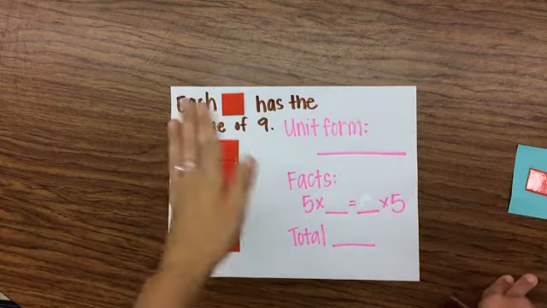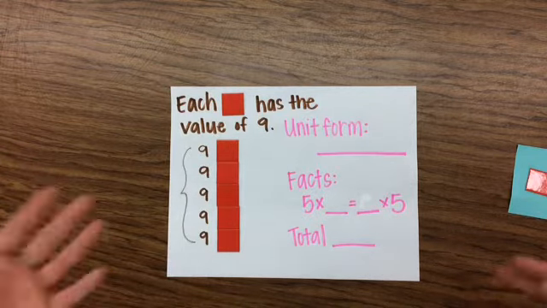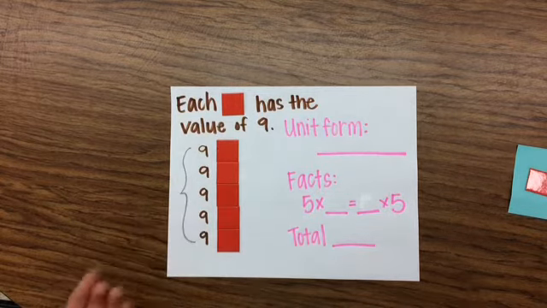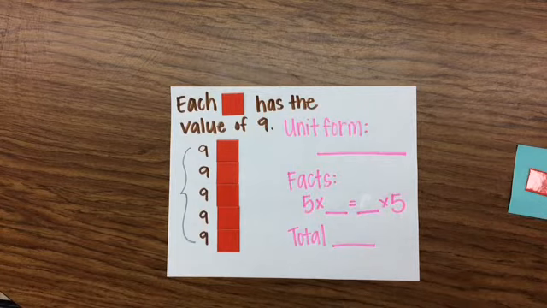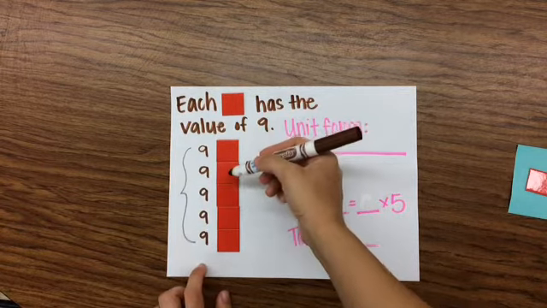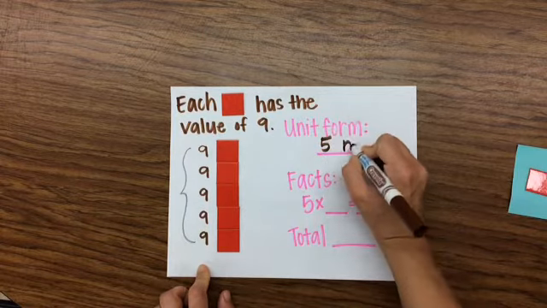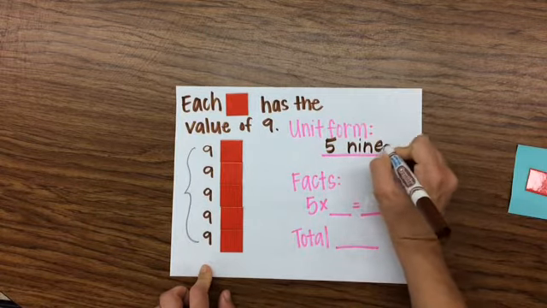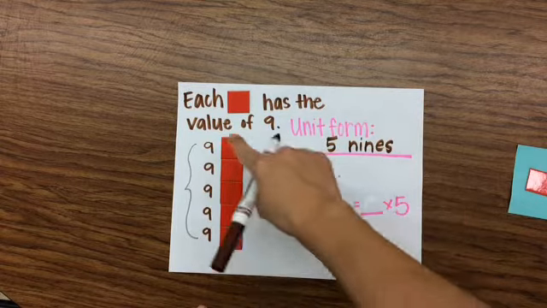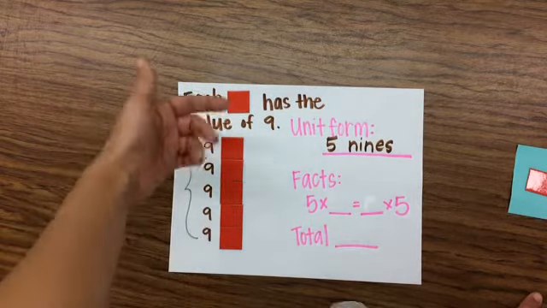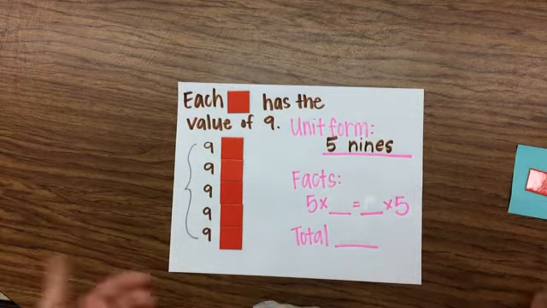You can just imagine that each of these is a box of 9 markers. Whatever works for you, but each one is 9. So our unit form, we will go ahead and write that we have 1, 2, 3, 4, 5 9s. Because again, unit form, we're using words for the label. And our label here is 9s, not cookies, not apples. Each one is a 9.